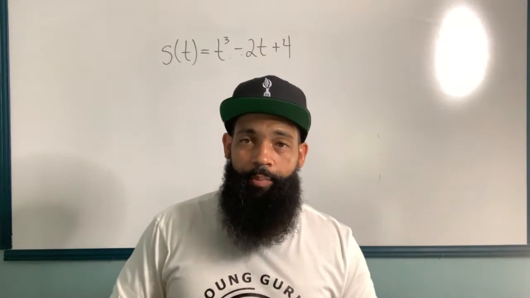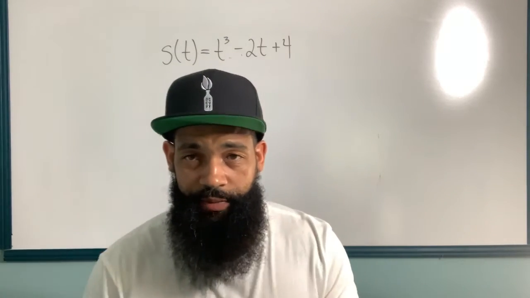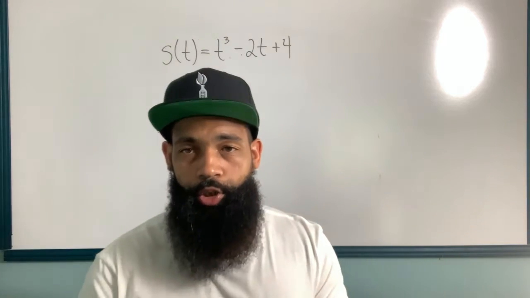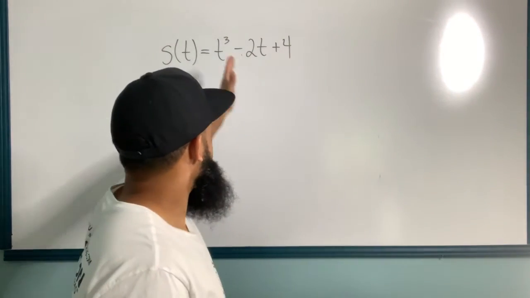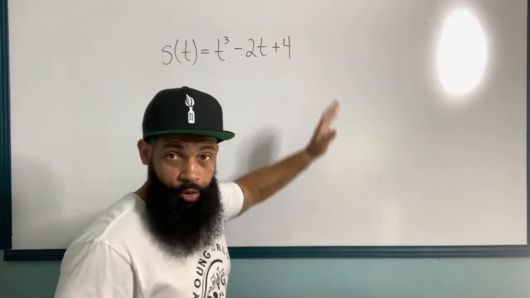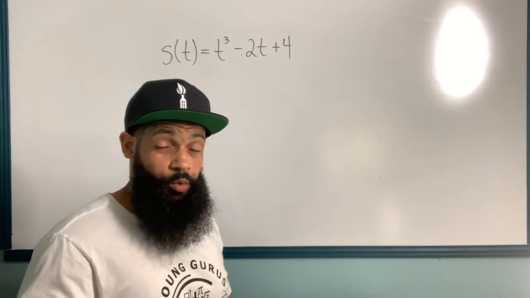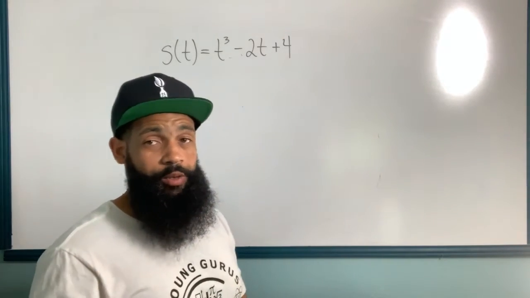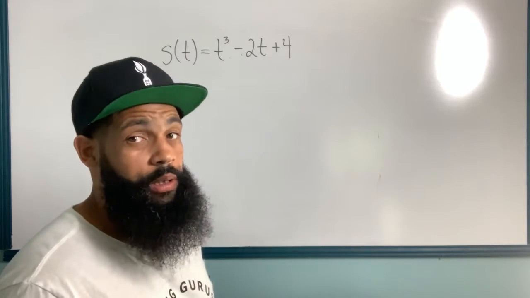And we're done. For this example, I want to find the derivative of s of t equals t to the third power minus 2t plus 4. Once again, we're just taking the derivative of each term. If you need some help, go watch the video on the power rule and the constant rule.